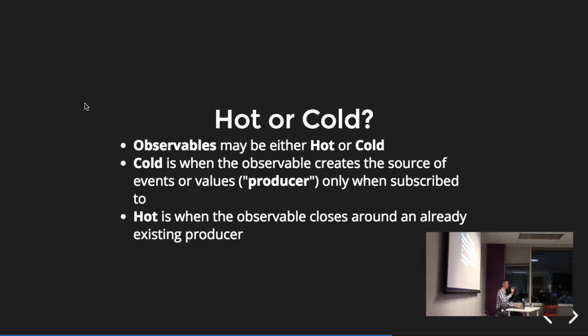It's not until I subscribe to the observable that gets returned from HTTP client that it actually invokes the HTTP request. That's cold because the producer is within the observer function. On the opposite side, a hot observable is when the producer is outside of that, and the observable closes around an already existing producer.